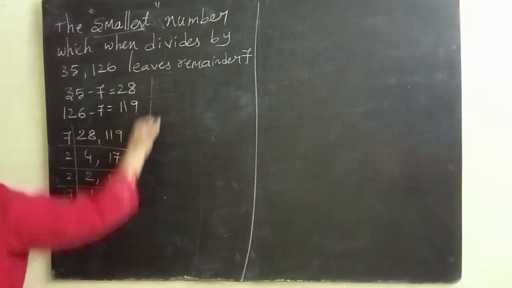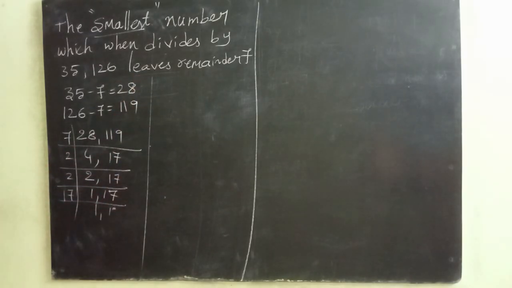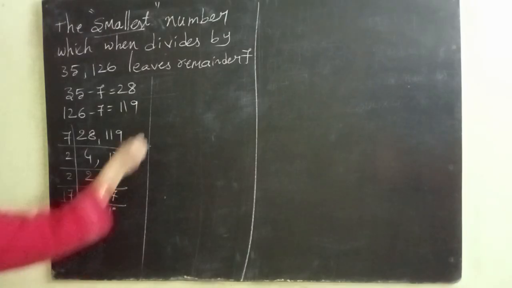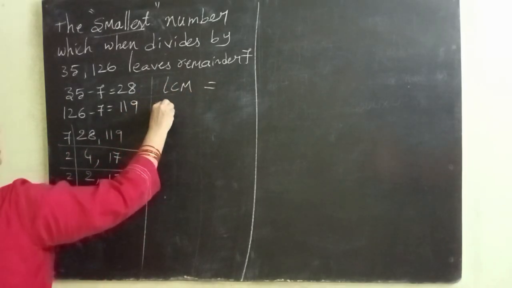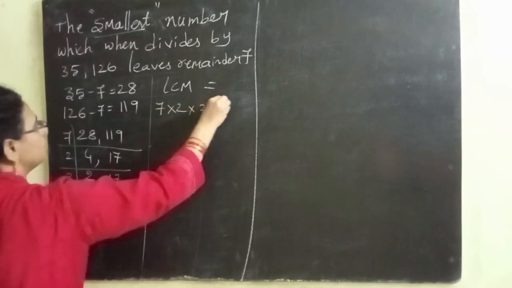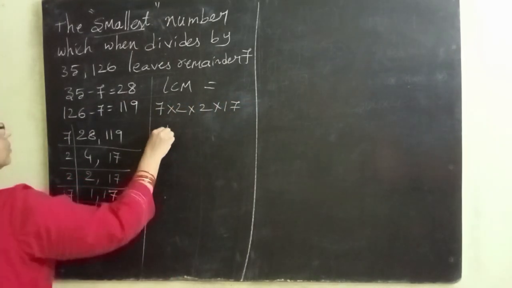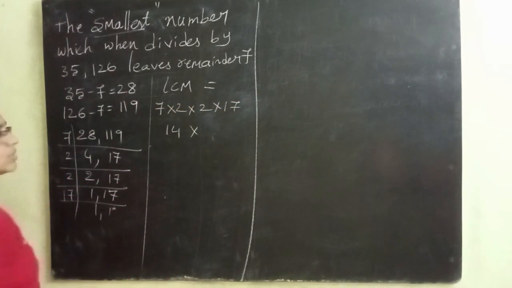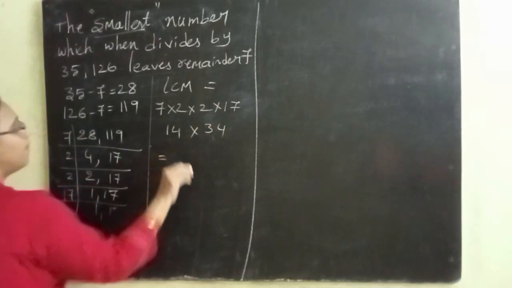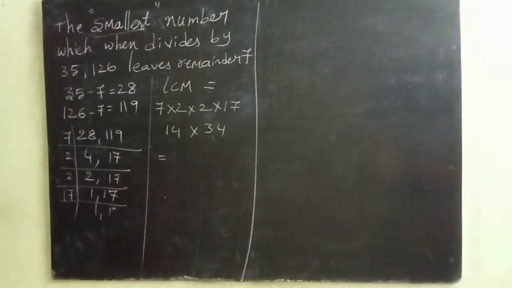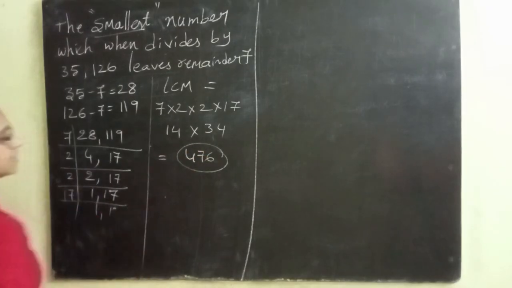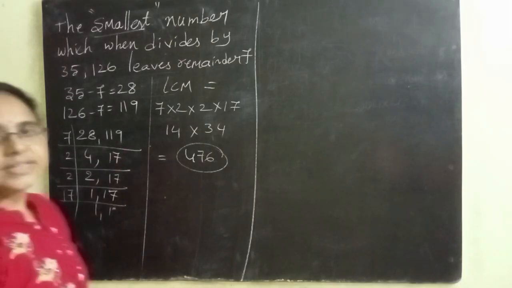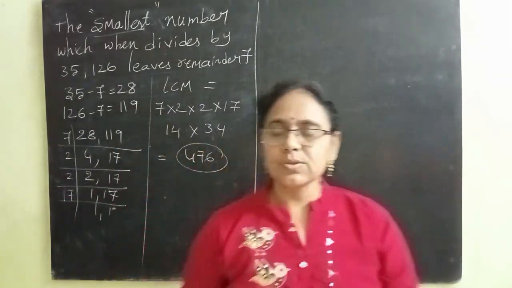So LCM is the product of primes: 7 into 2 into 2 into 17. 7 2s are 14, 2 17s are 34. Multiply 14 into 34, it's 476. Understand?